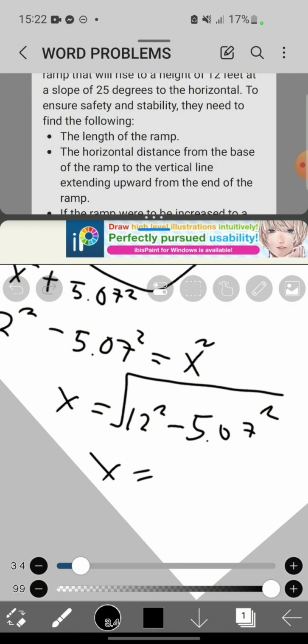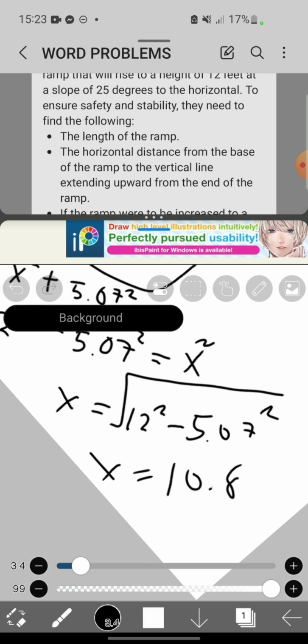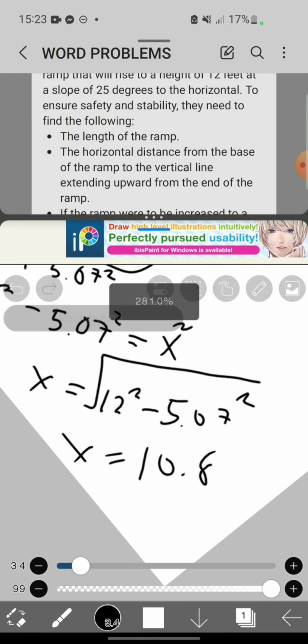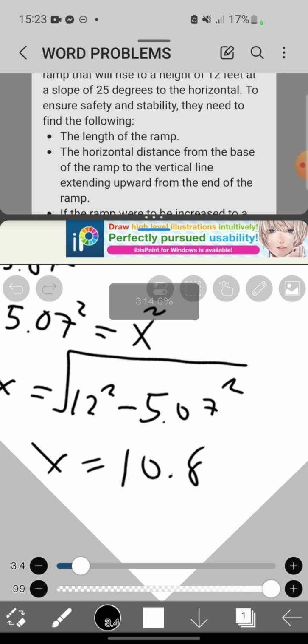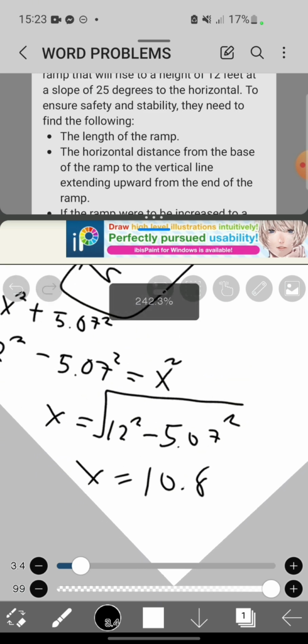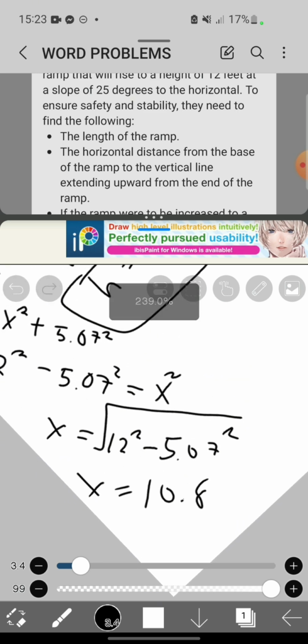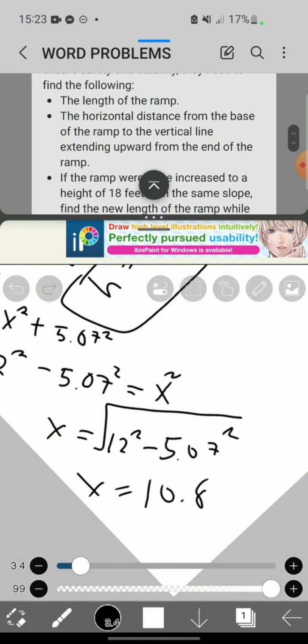So 12 squared minus 5.07 squared is equivalent to 10.88. So the answer for the second question is 10.8 or 10.9 feet.